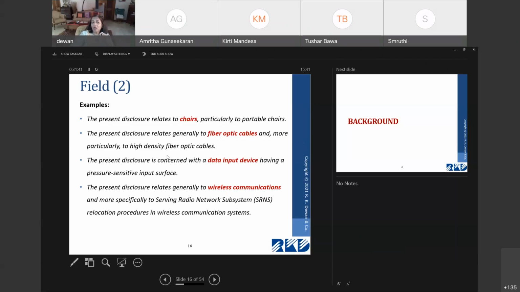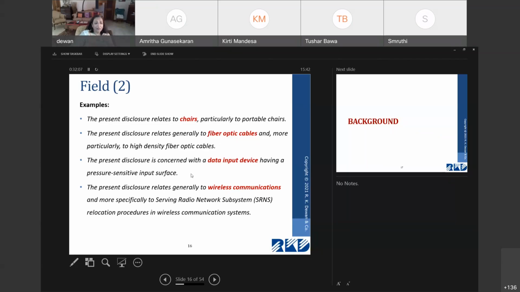Now, how am I making it high density? How is my high density cable different from other high density cables which are already available? What technical advancement is it giving? There are already several high density cables available. How am I doing it? That is the invention. That doesn't come here.